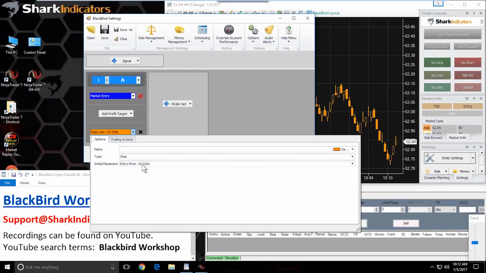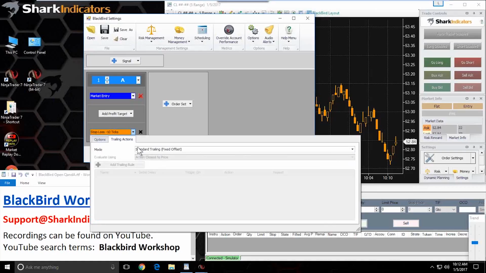It starts off at a fixed 10 tick stop loss. So if we use the standard trailing, then the stop loss is going to be just a simple 10 tick trailing stop loss. It's going to trail price by 10 ticks, a fixed 10 tick offset.